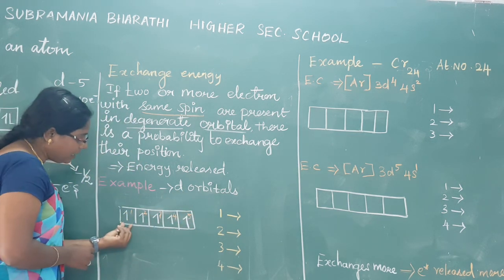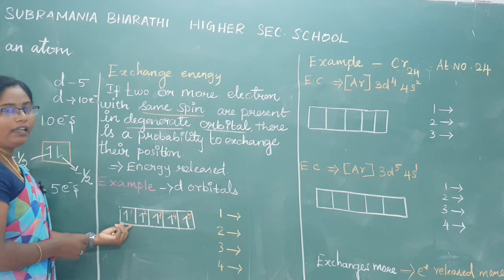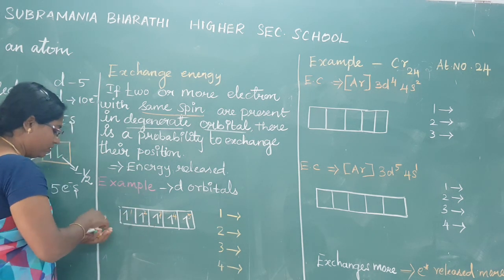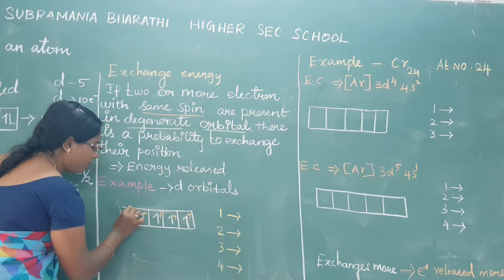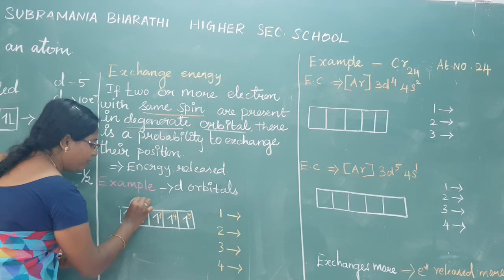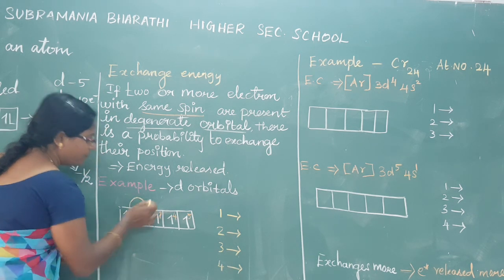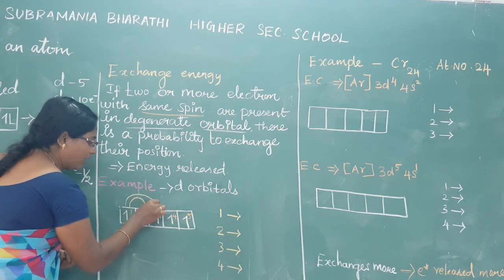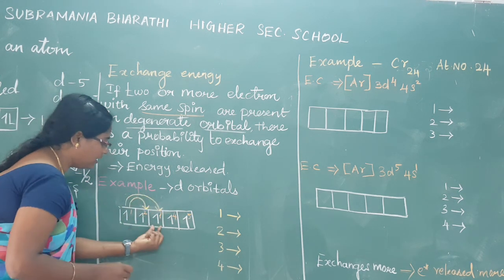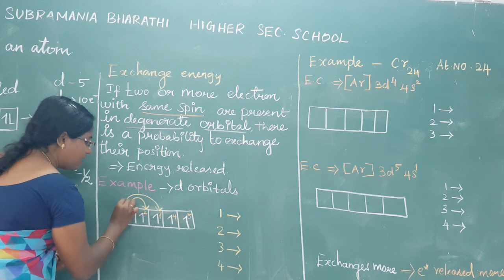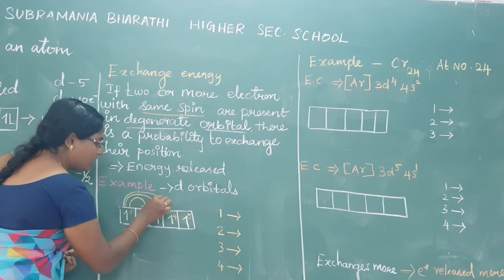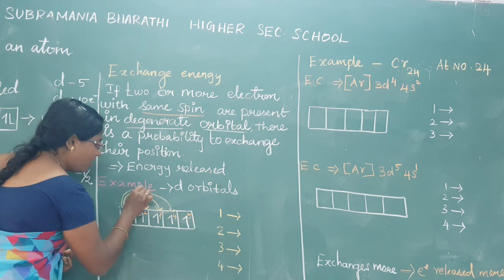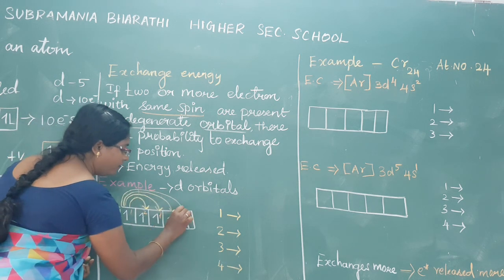So, this first electron is having the probability to exchange its position with the second electron. So, let me draw like this. The first electron is having the probability to exchange its position with the second electron, with the third electron, with the fourth electron, and with the fifth electron.